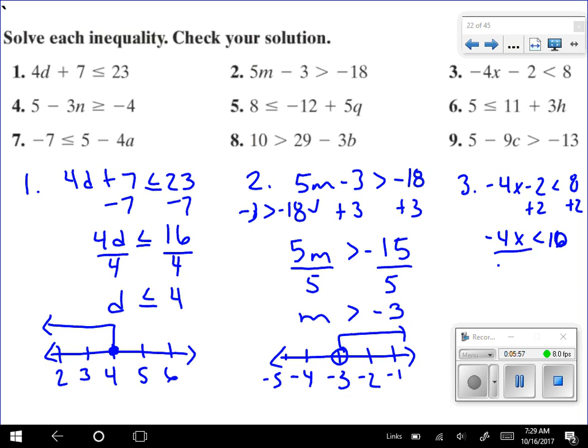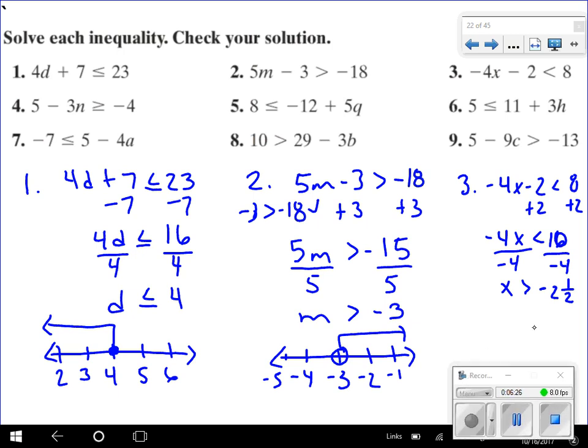Then we are going to divide by negative 4. We divided by a negative, so we have to stop and say, I have to flip my symbol. Because a positive being divided by a negative is going to change the sign of my answer. 10 over 4 is the same as, well, you could put 4 into 10 2 times, with how many left over? 2, so 1 and 1/2.